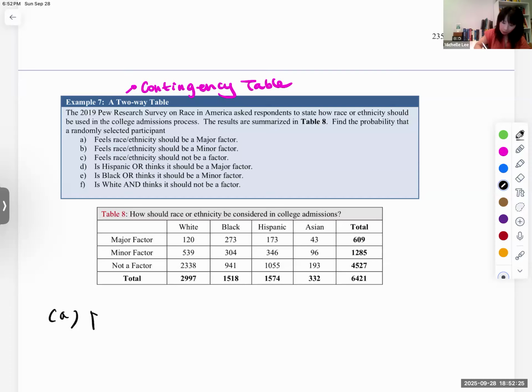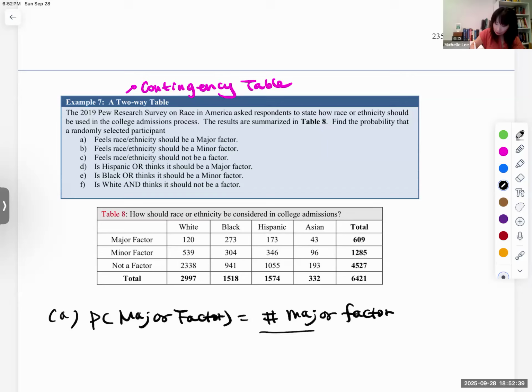Okay. Now the first one, probability of major factor. Okay, so there will be number of major factor divided by number of sample space, number of total frequencies, right? Same thing, right?